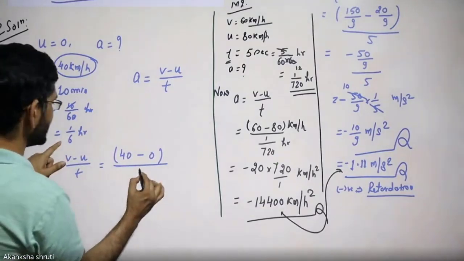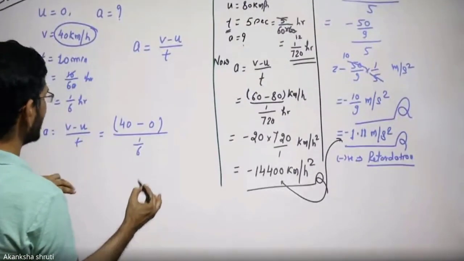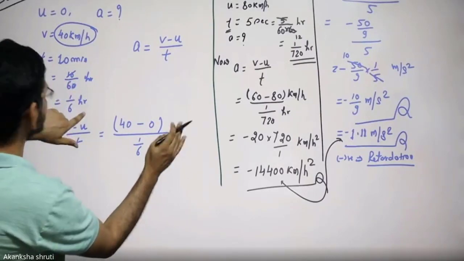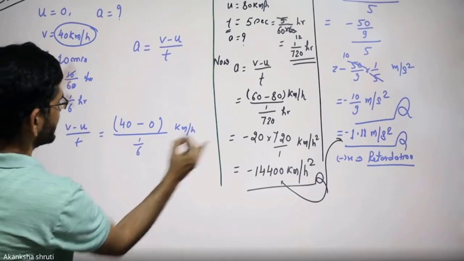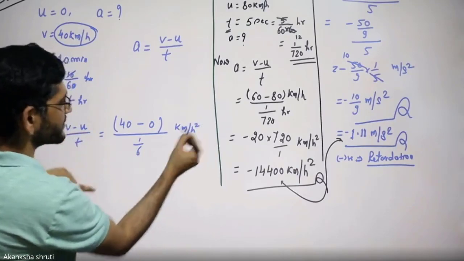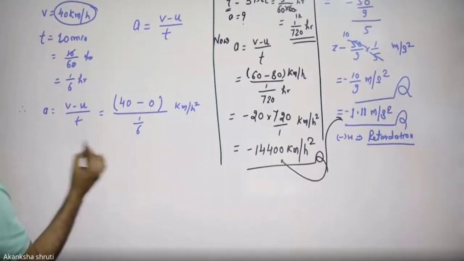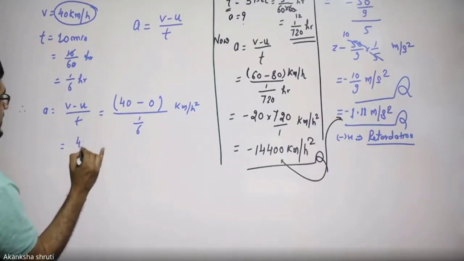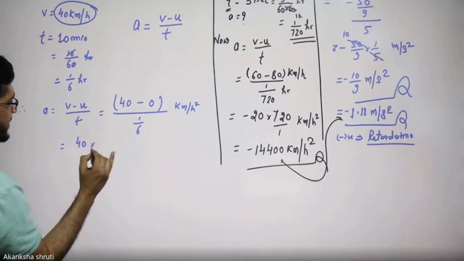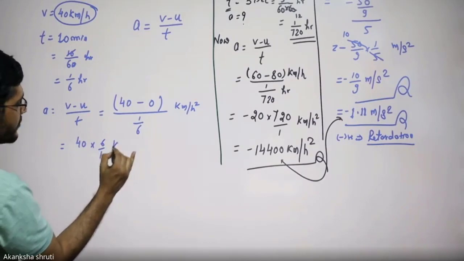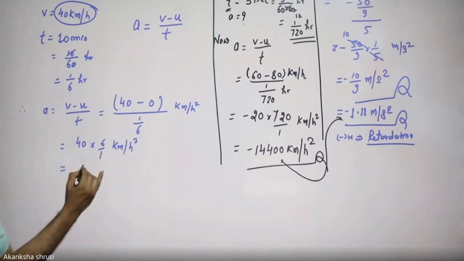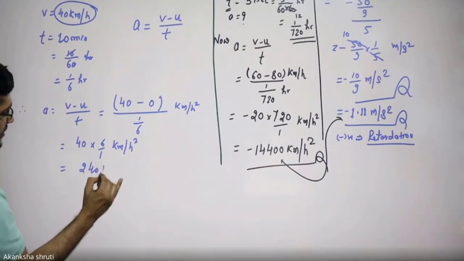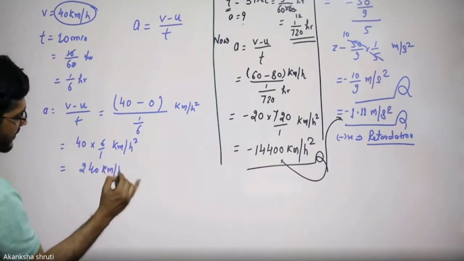The t is 1/6. Students, you may carry the unit. So it is kilometer per hour divided by hour, so it becomes kilometer per hour square. It is like 40 divided by 1/6, which gets converted into 40 times 6, so it is 240 kilometer per hour square.